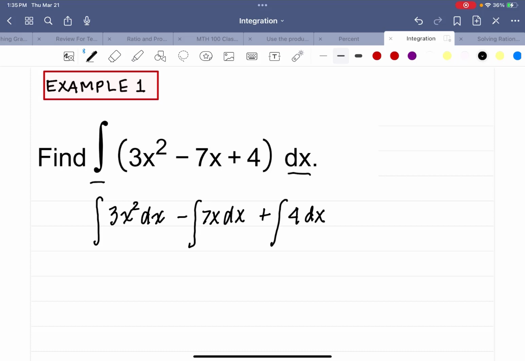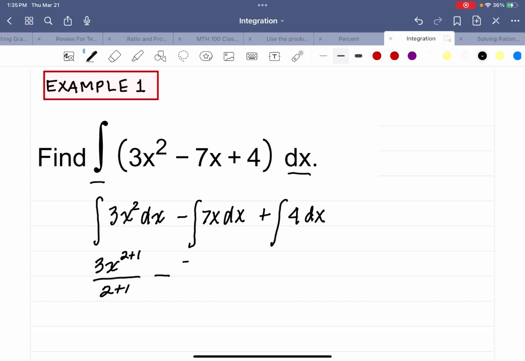So the integral of 3x squared is going to be 3x to the 2 plus 1 divided by 2 plus 1. Now, at some point, you're not going to write 2 plus 1. You're going to go ahead and write that as a 3, and that's fine. We will do it this way, at least for now, until we get used to it.